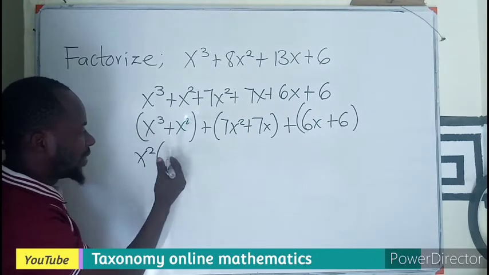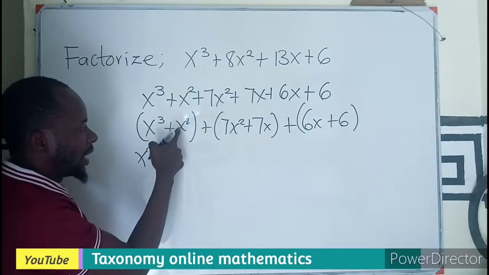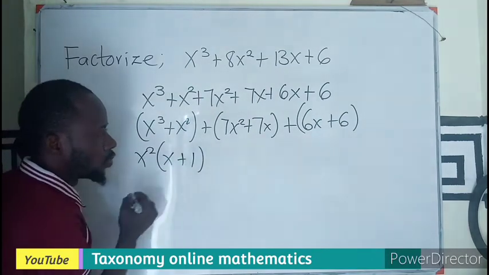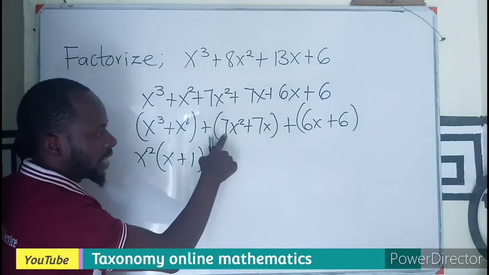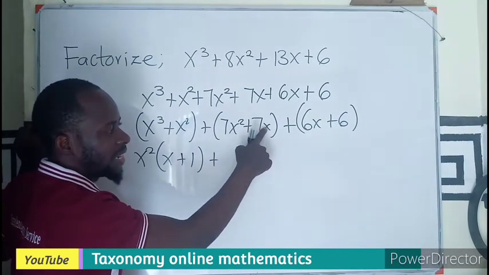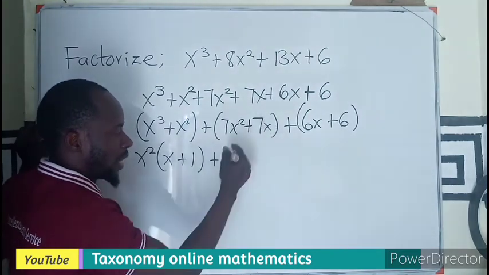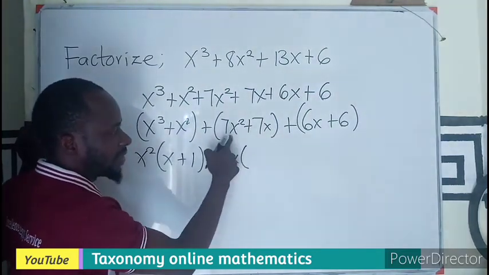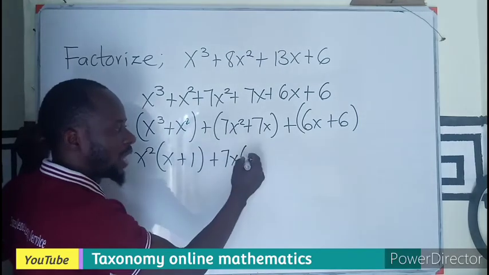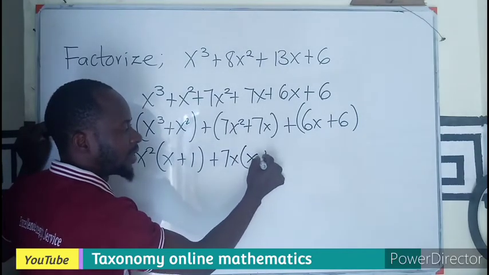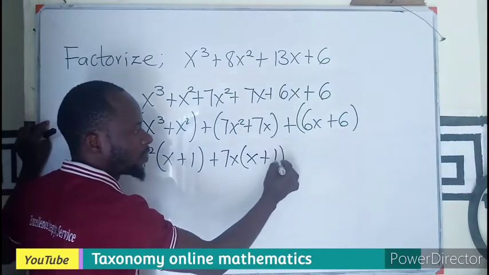When it divides this, it gives you only x, then dividing itself gives you 1. So we have this common factor for 7x squared. 7x will always be 7 and x power 1. So 7x dividing 7x squared will give you only x, and dividing itself gives you 1.